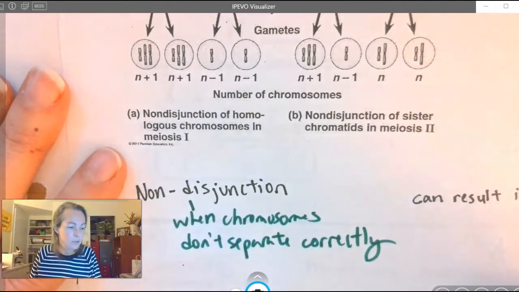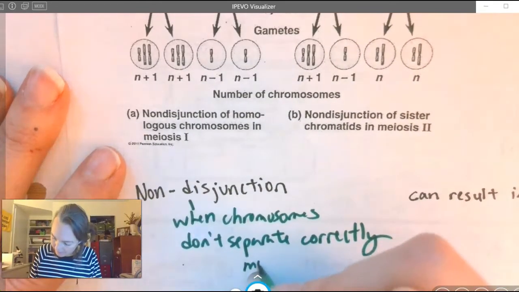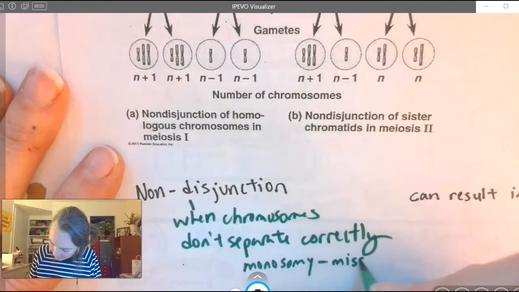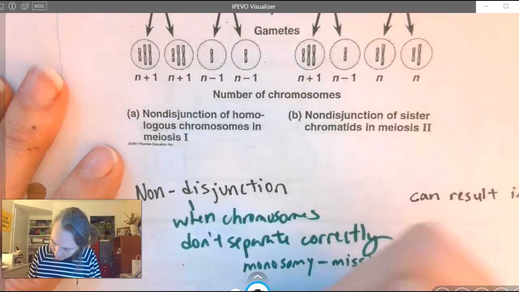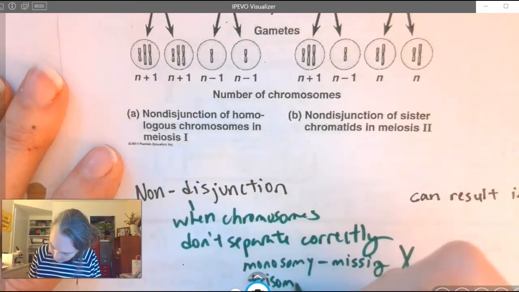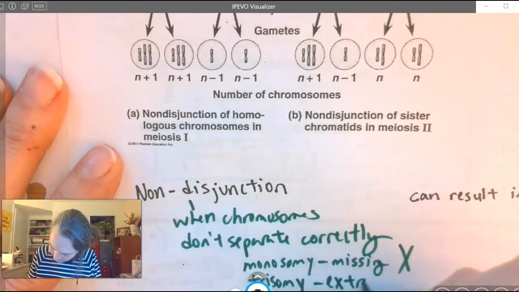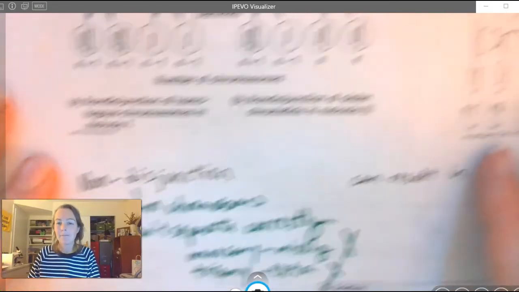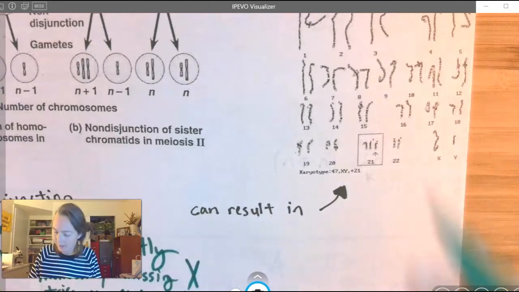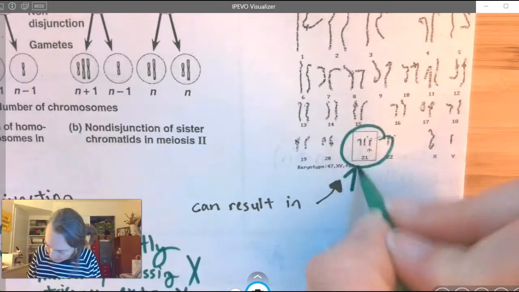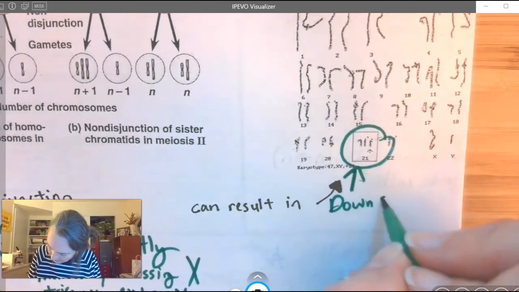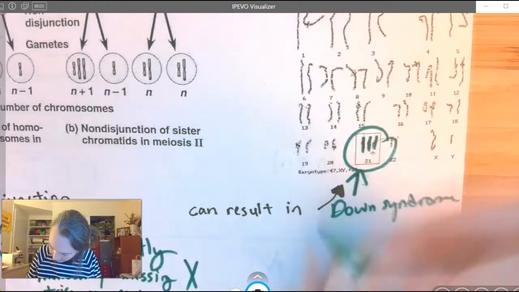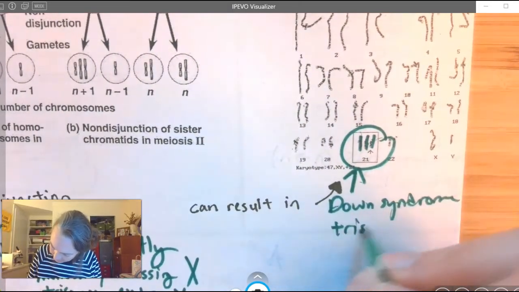This can lead to a monosomy, which is a missing chromosome, or trisomy, which is an extra chromosome. Okay? And a good example of this would be something like this, which is Down syndrome. Instead of having 2 copies of chromosome 21, you have 3. So it's a trisomy.